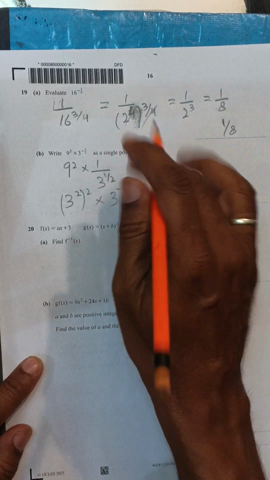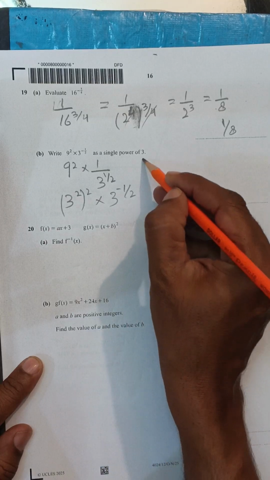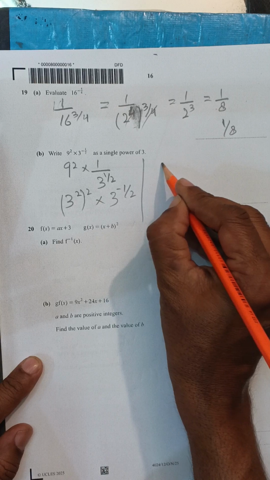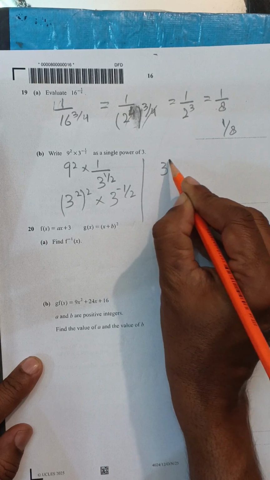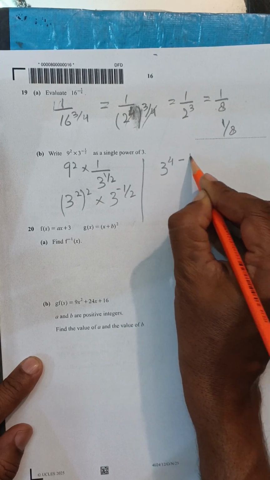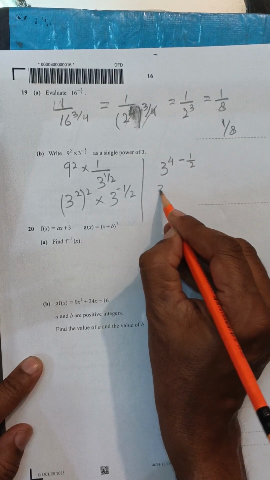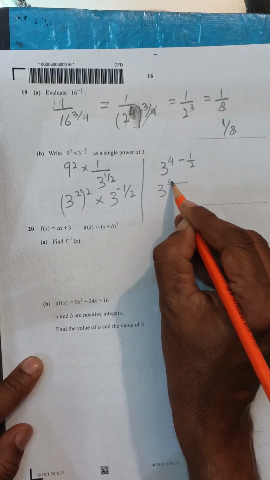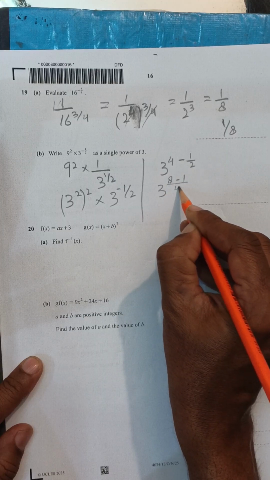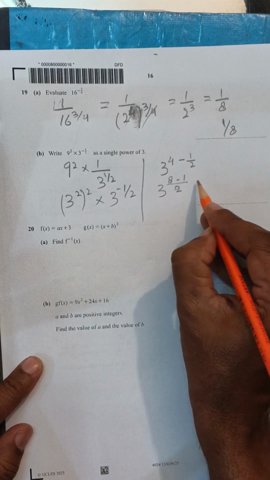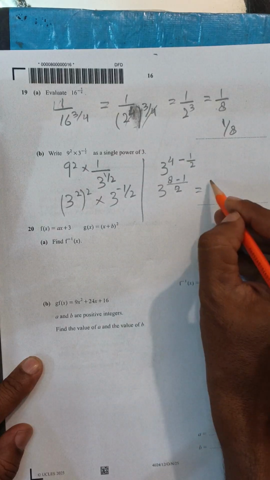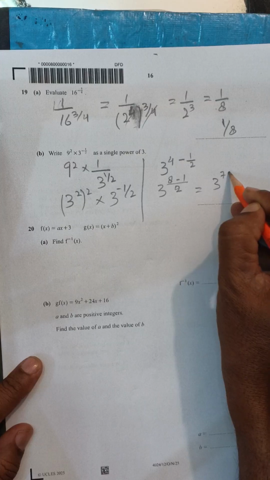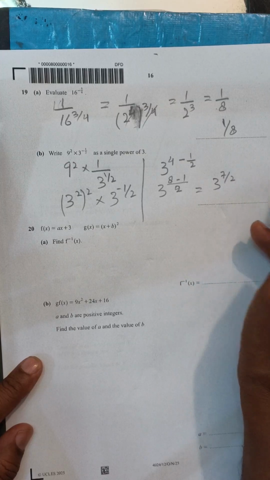No need to move downward. So this is 3 power 4. Same base, so 4 minus 1 over 2, 4 2s are 8 minus 1 over 2. So now this is 3 power 7 over 2, right? This is your answer.